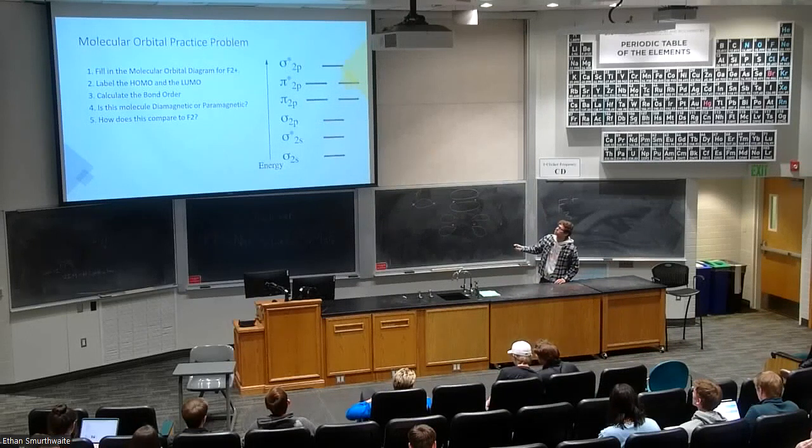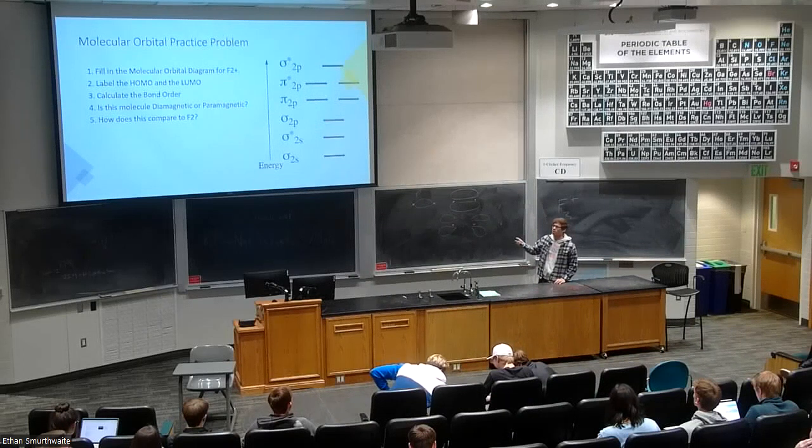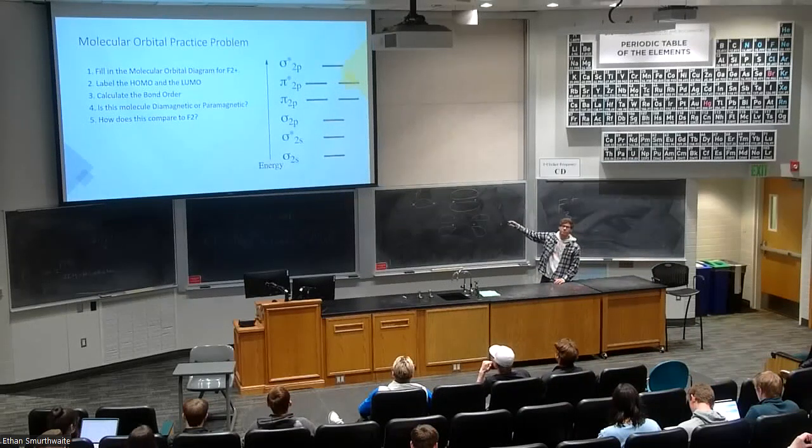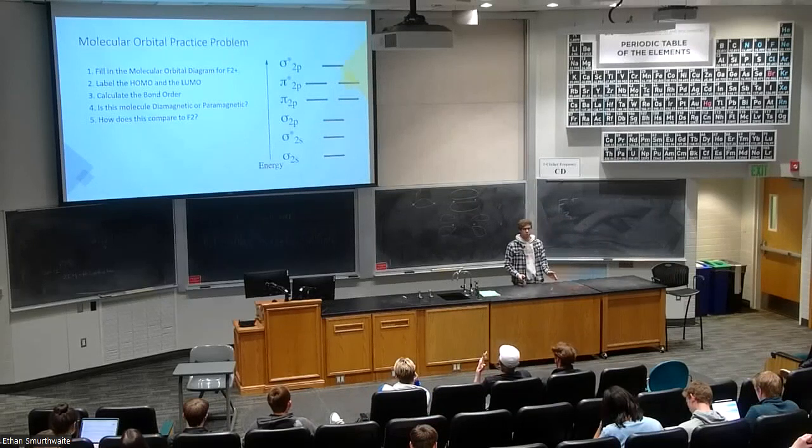There's 2 in this one, this is bonding. And there's 4 in this one. So 2 plus 2 plus 4, that's 8. So we do 8 minus, this is anti-bonding, the star. So there's 2 here, and there's 3 here. 8 minus 5, you have 3 divided by 2. That's a bond order of 1.5. Did that make sense? Okay. Does anyone have any questions? Move on.